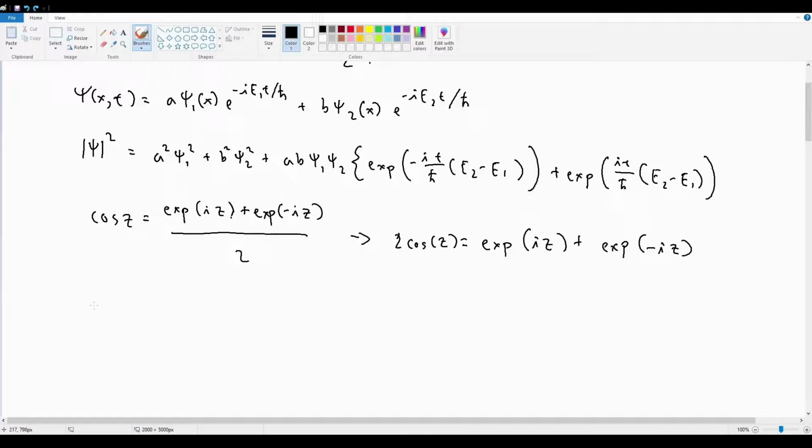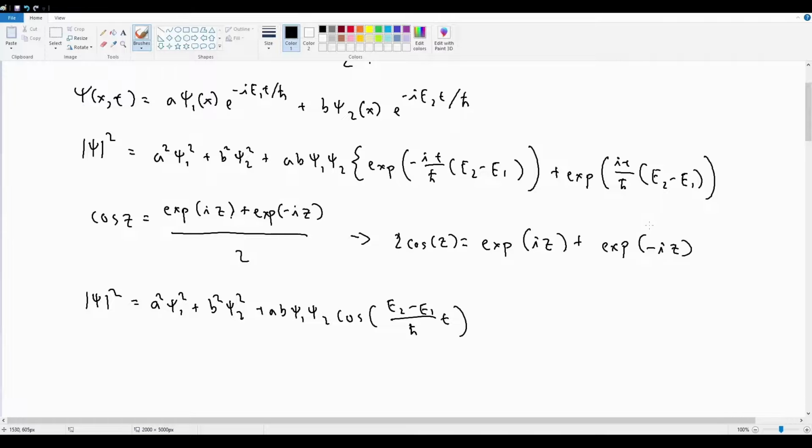So this is therefore going to equal |psi|^2 = a^2 psi_1^2 + b^2 psi_2^2 + ab psi_1 psi_2, and then the cosine version of this complex exponential, cosine of (E2 minus E1) divided by h bar, all multiplied by t, like this.